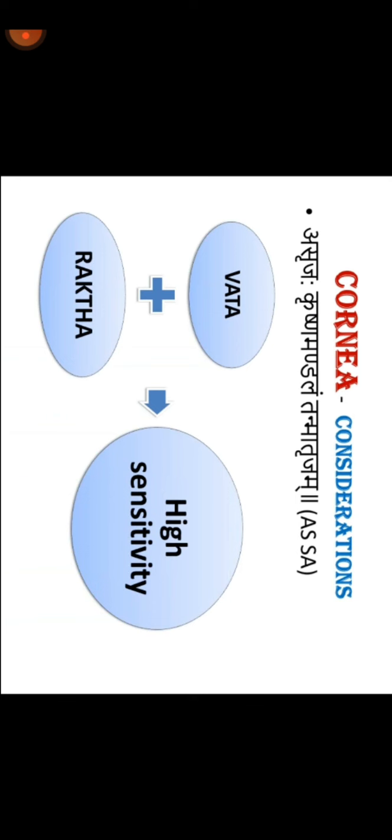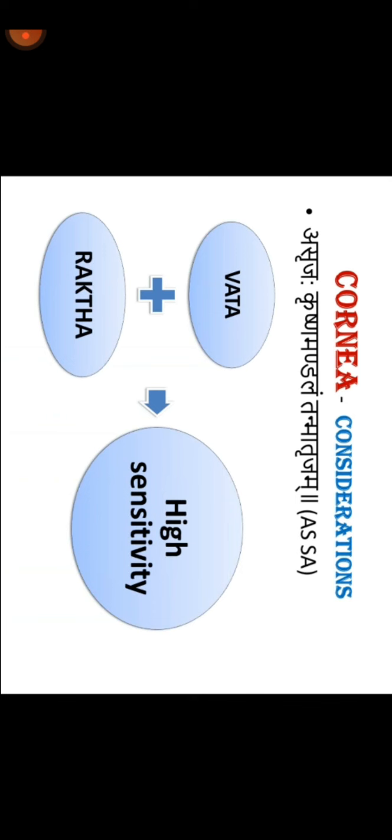And when we are moving to the cornea, we have discussed that Asrijaha Krishna Mandalam Tad Madrijam. So even though the cornea has no blood supply, most of the diseases are explained in Ayurveda as Sarekta Sannibhata. That means Rekta Dosha involvement is the prime factor in corneal diseases.